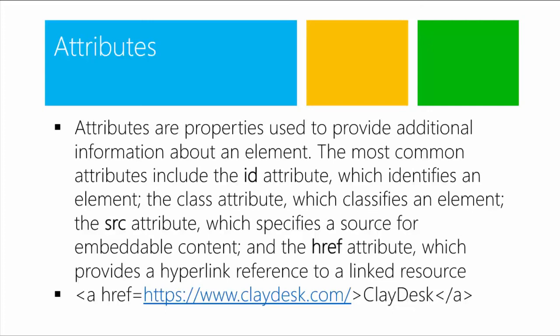And similarly, the href attribute, which provides a hyperlink reference to a linked source. So here, for instance, an example such as an anchor tag that starts off with the href and then provides a link to a certain website, and then of course our closing brackets with the /A tag.